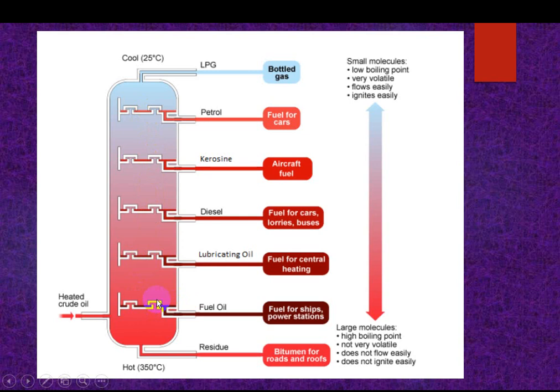Then this is the temperature range. Fuel oil is greater than 350, lubricating oil is 250 to 350, diesel oil is 220 to 250, kerosene is 150 to 240, and petrol is about 70 to 150. LPG is less than 30 degrees Celsius.